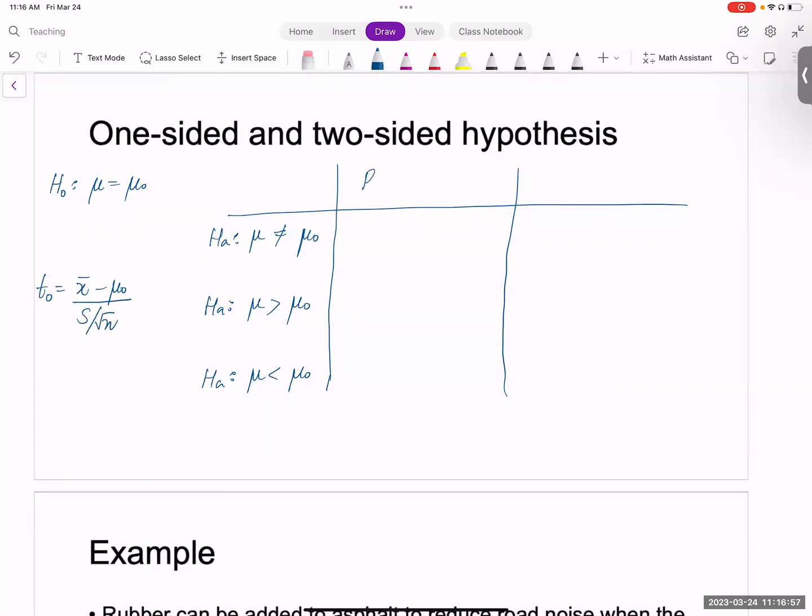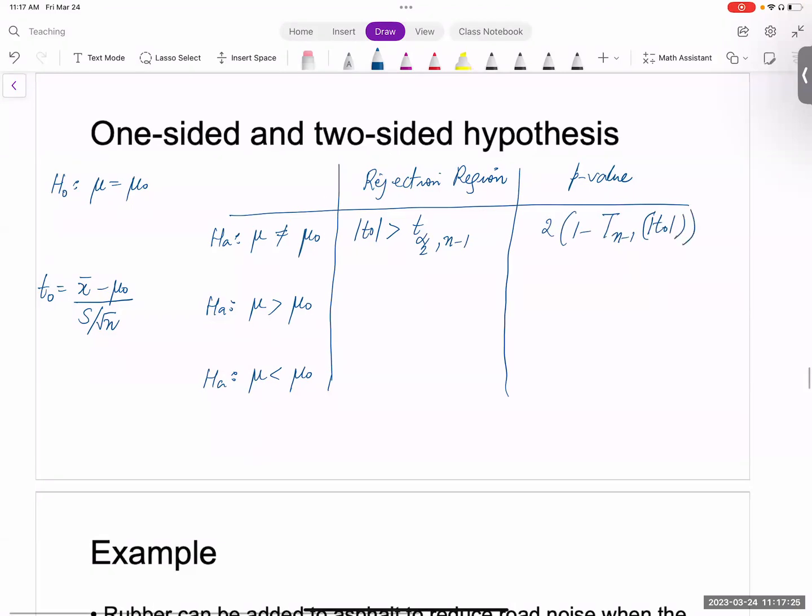And then you have the rejection region and the p-value. Your rejection region is absolute value of T0 greater than T subscript alpha over 2 comma n minus 1, and the p-value is 2 times 1 minus uppercase T n minus 1 of T0.